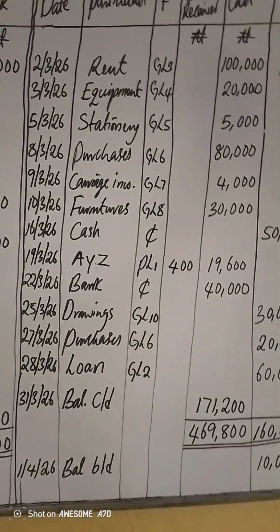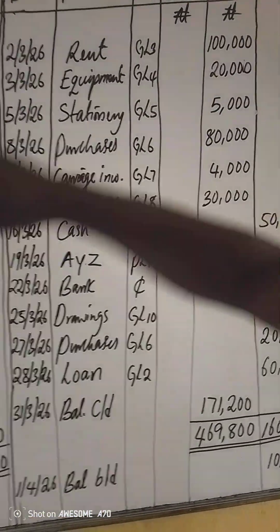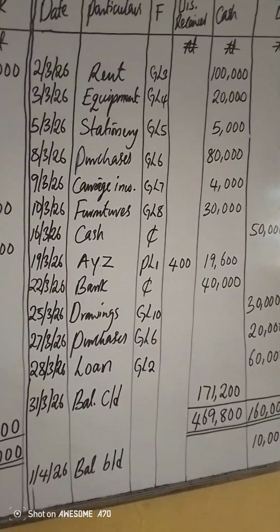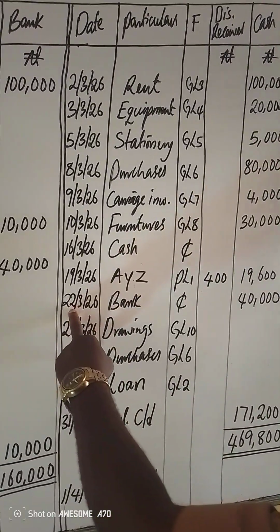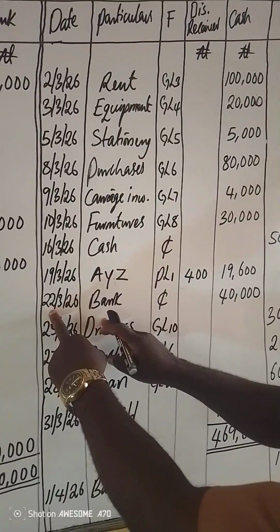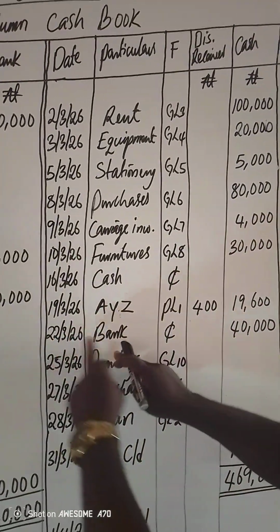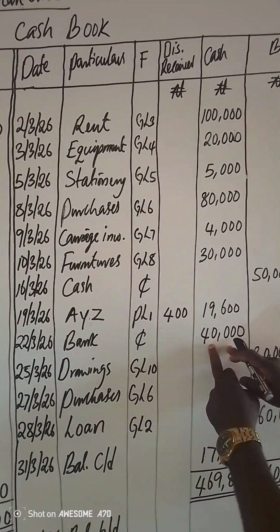So on the 22nd, we have cash given to bank. Cash is the giver account, given to bank, this is a contra entry, and the amount is 40,000.